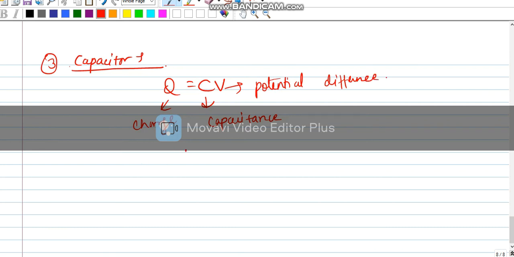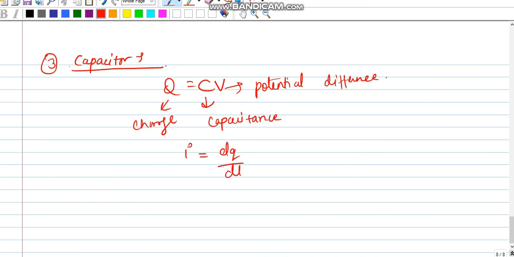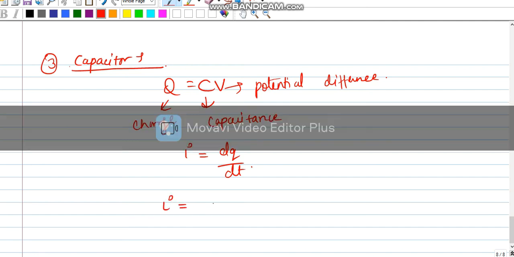Now I is equal to dq by dt, so we get I is equal to C into dv by dt.